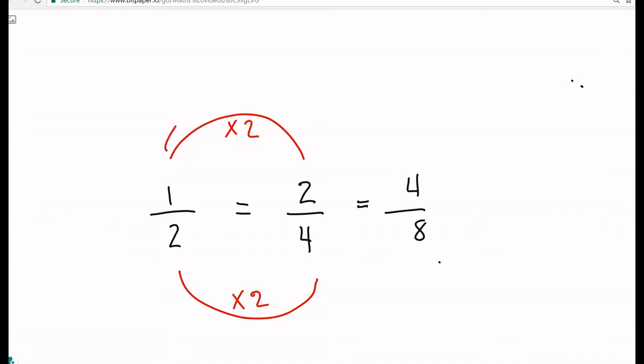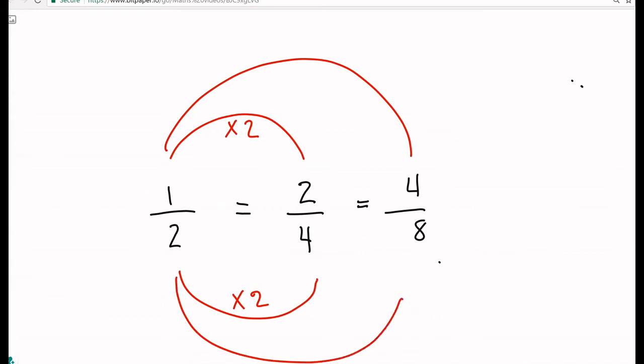Now, if we multiply 1/2 by another number, so for example, in this case, we multiply 1 by 4, you get 4. And if we multiply 2 by the same number of 4, then we have 8. So we have now these equivalent fractions. So remember, all you do is multiply the numerator and denominator by the same number and you get equivalent fractions.